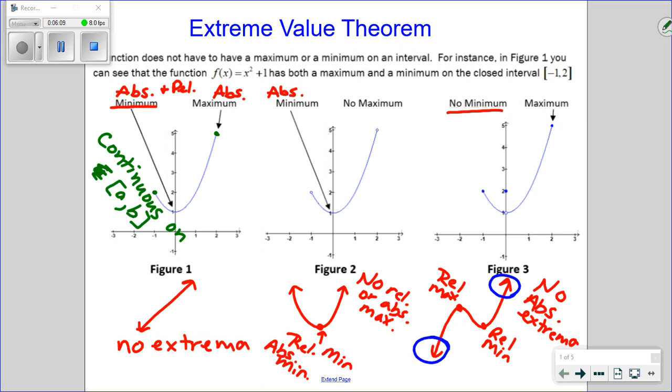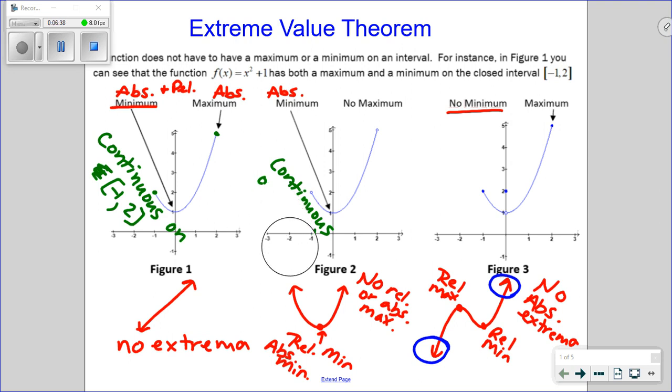If you look at figure 2, it is continuous, there's no holes except at the endpoints. So this we would say is continuous on the open interval, okay? And actually, I could give values to my a and b here, because based on the graph, we do know that the interval is -1 to 2.